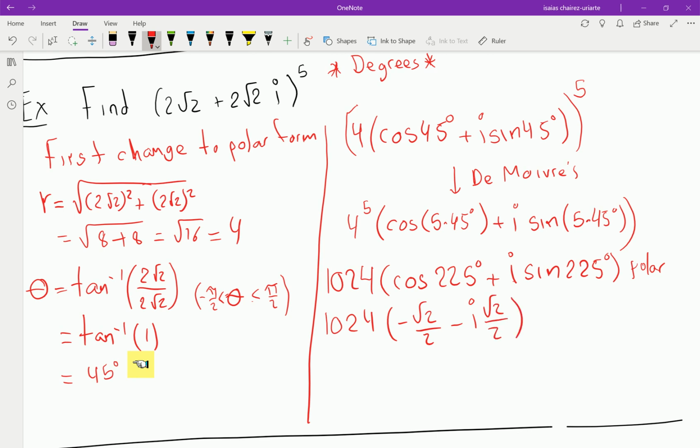And then if I distribute the 1024, if I multiply 1024 times negative root 2 over 2 and 1024 times negative root 2 over 2, it's going to become negative 512 square root of 2 minus 512 square root of 2 I. That would be the rectangular form of this complex number raised to the 5th.